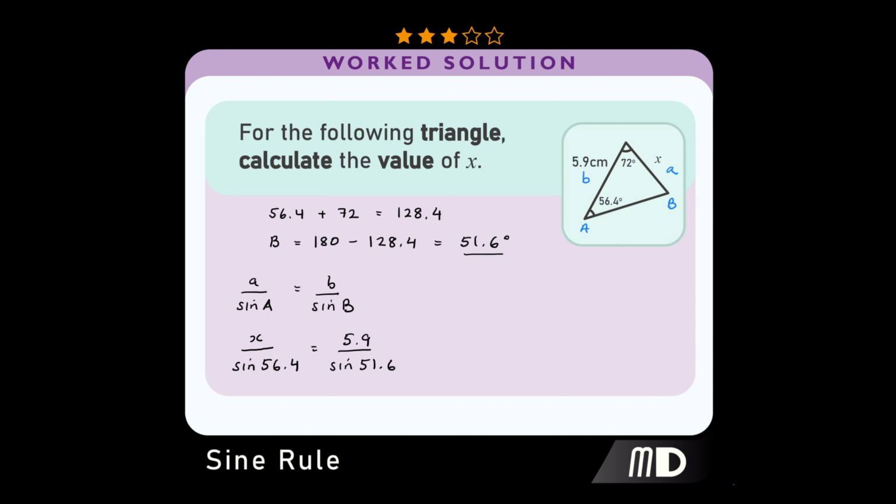Multiplying both sides by the sine of 56.4 gives us x equal to 5.9 divided by the sine of 51.6 multiplied by the sine of 56.4, which we can evaluate to get a value of x equal to 6.27 centimeters.